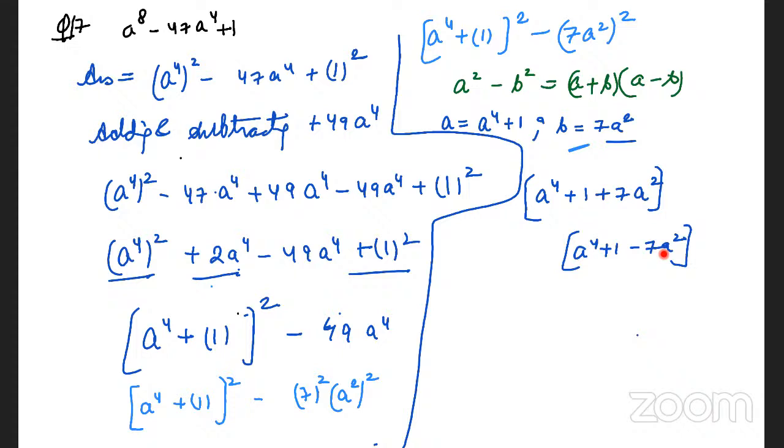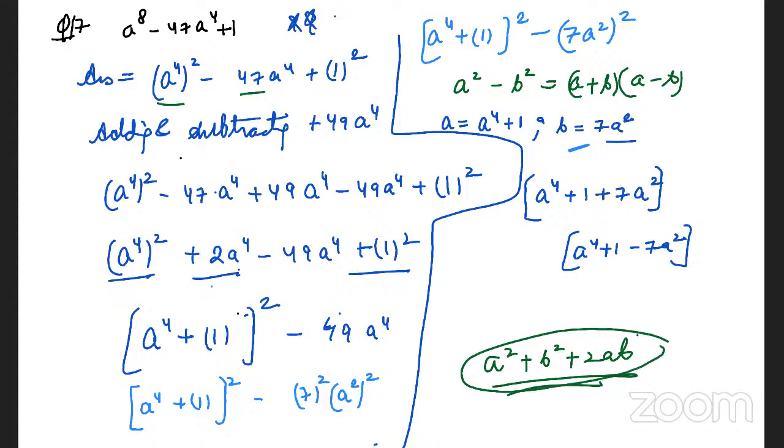This is an important question. You can mark it as important. Sir, why 49a to the power of 4? Why did I add only 49? Because for the property of a square plus b square plus 2ab, if you compare it with this part, you will see that 47 is there, so I have to make it 2.